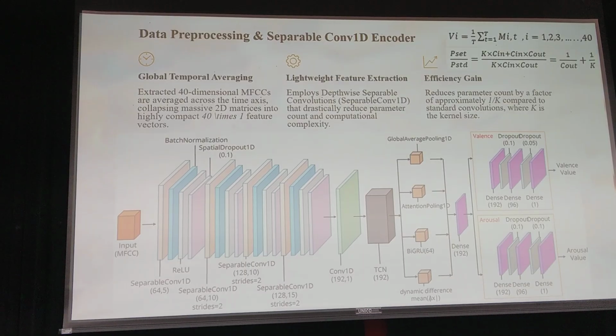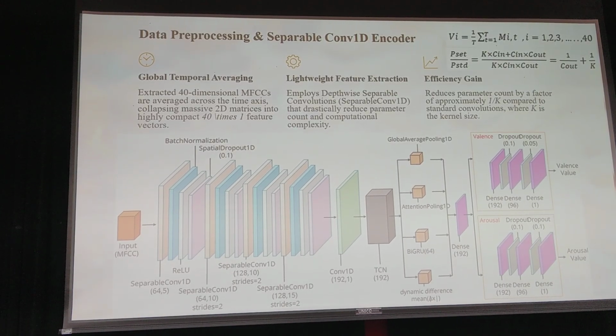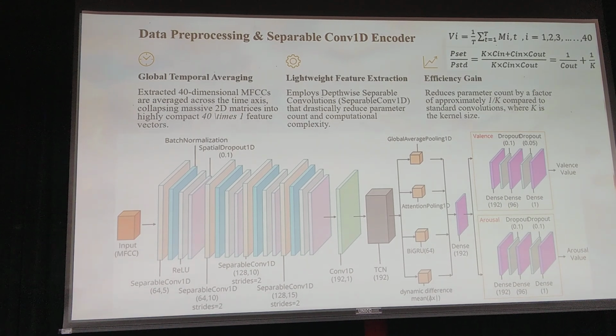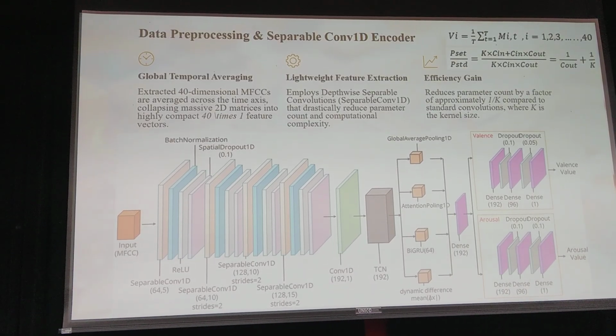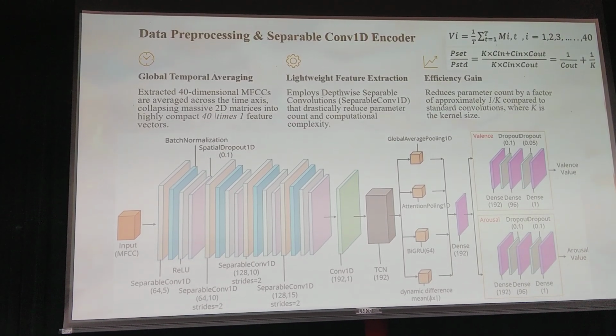Next, the data preprocessing and the lightweight feature extraction. Standard deep learning workflows need to feed the time series matrix into the network. Instead, we extract 40-dimensional MFCCs and apply a global temporal averaging strategy.